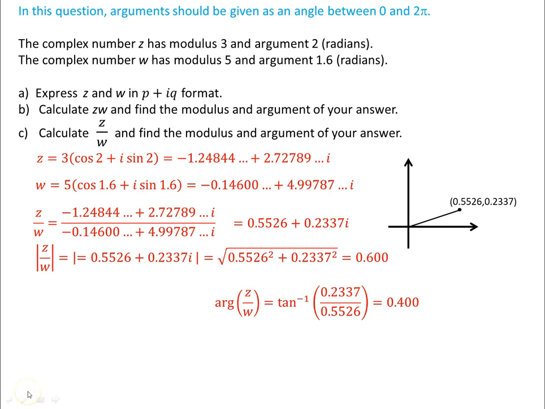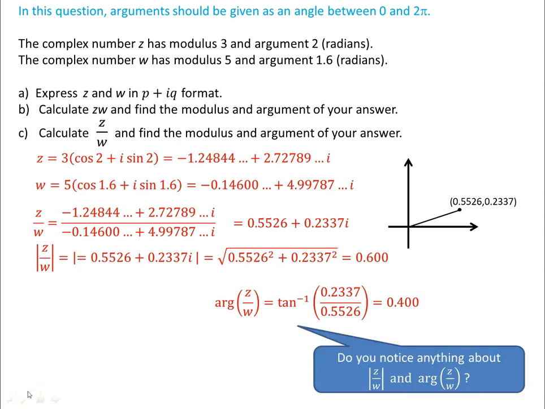And again, it's worthwhile just trying to notice any connection between the modulus of z over w and the argument of z over w and the corresponding results for the modulus of z and the modulus of w, which were given at the beginning of the question.